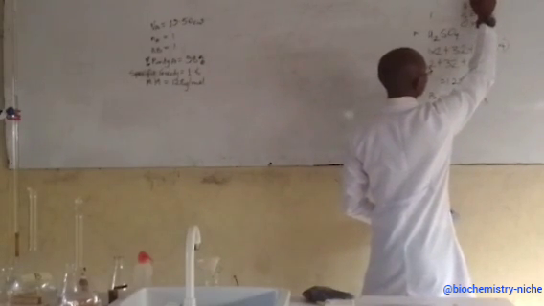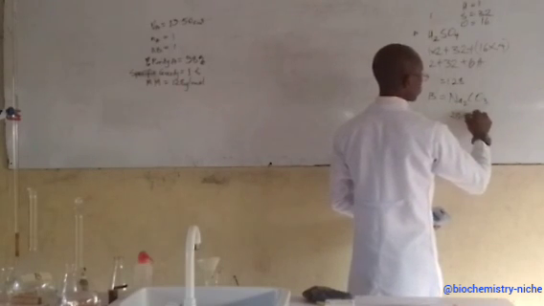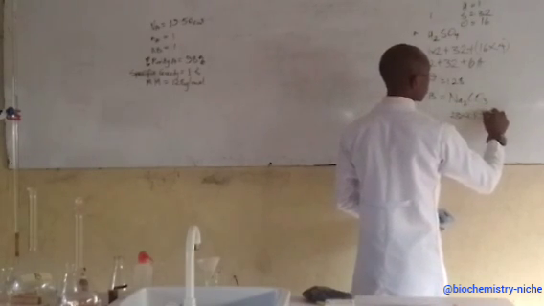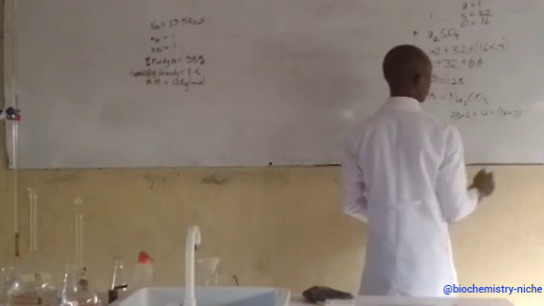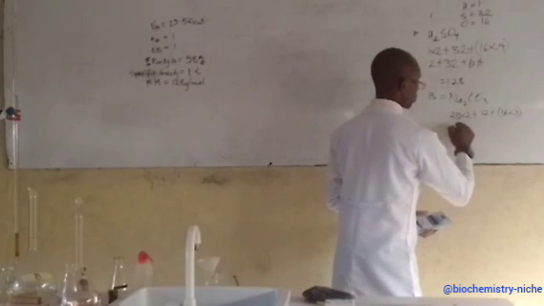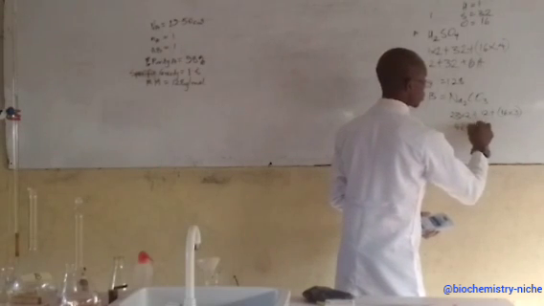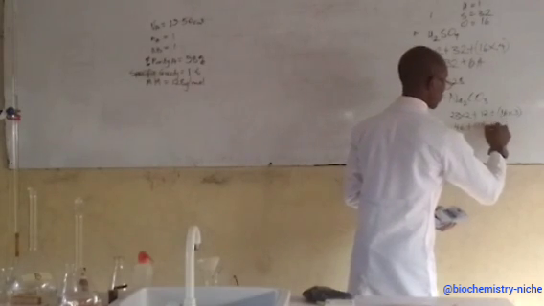Our Na is 23. So we have 23 times 2, plus carbon is 12, plus our oxygen, which is 16 times 3, because oxygen is appearing 3 times. So we have 23 times 2, which is going to give us 46, plus 12, and then plus 16 times 3 is going to give us 48.